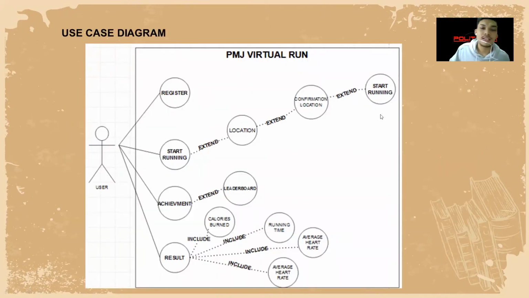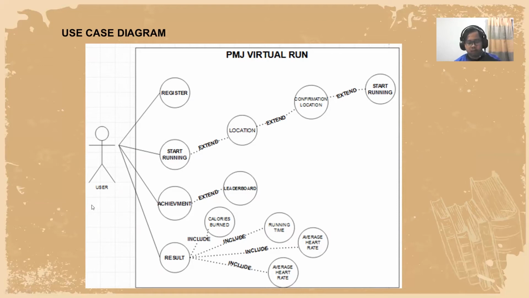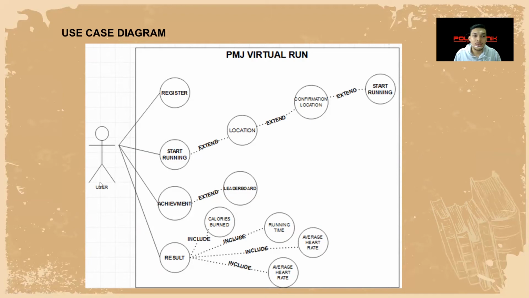Okay, the next slide I will continue. The third diagram is a use case diagram. As we can see in the use case diagram, we have a user, and the user can register for the PMJ virtual run, and after registering, they start running.